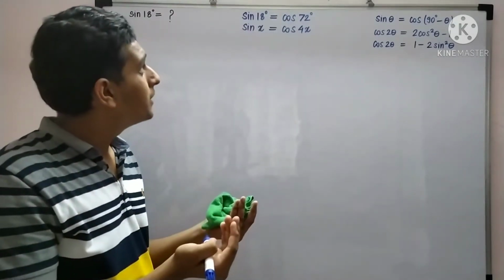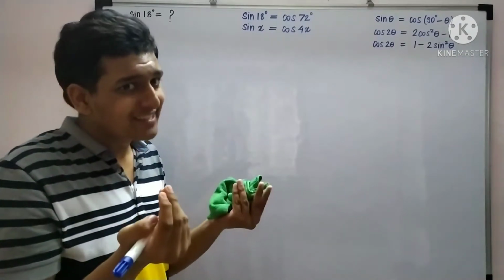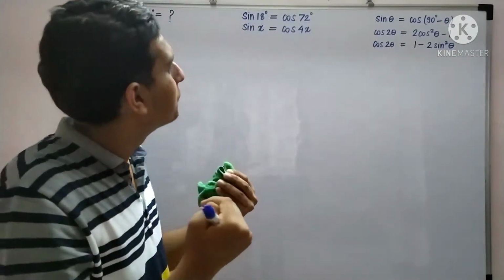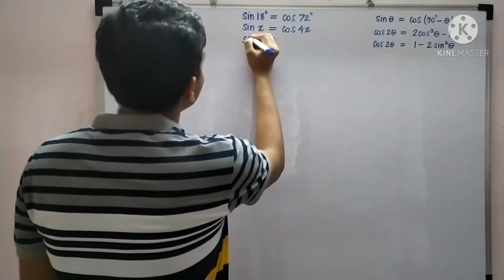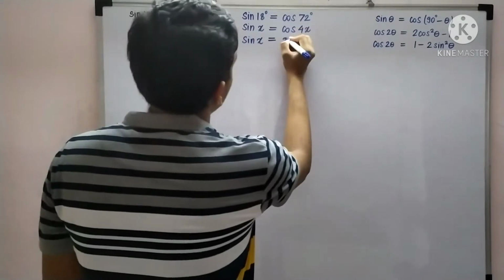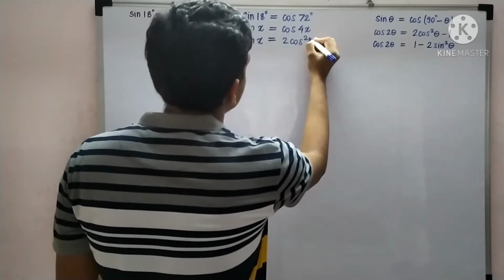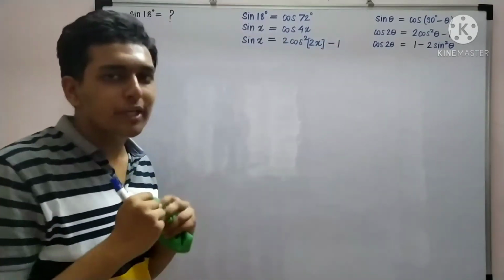The RHS could be rewritten as cos of 2 times 2x. The cos double angle formula tells us that this is the same as 2 cos squared 2x minus 1, which is equal to sine of x.